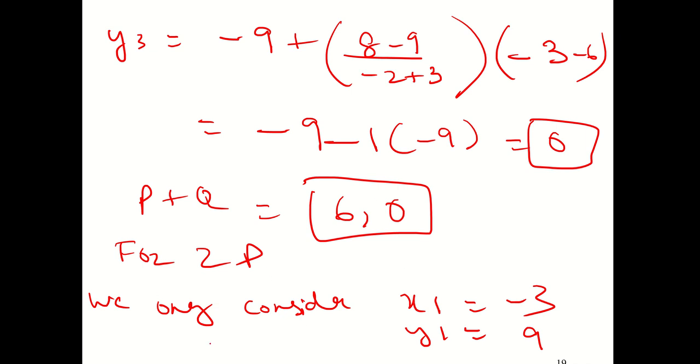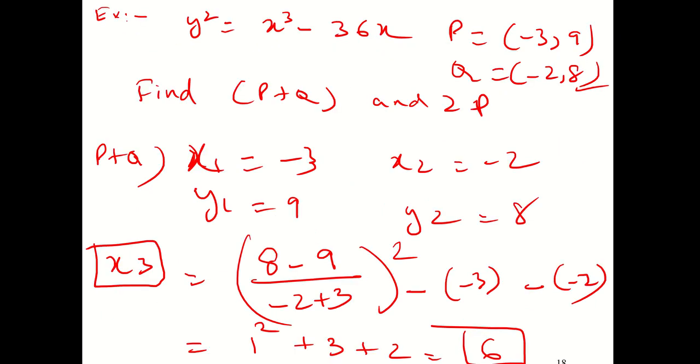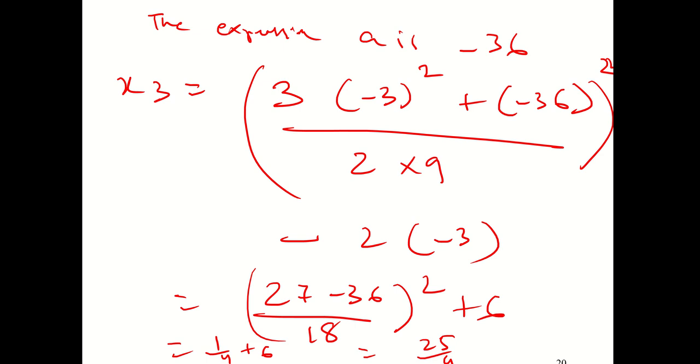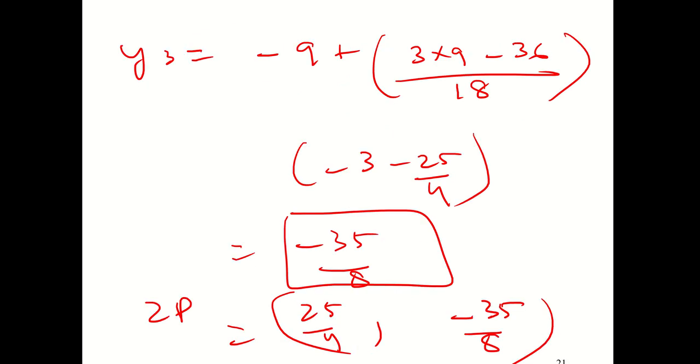For 2P we only consider x1 and y1; the rest we cancel out. x1 is minus 3 and y1 is 9. We put it all in place, and a is minus 36. So we got 25 by 4 and minus 35 by 8, which in return gives 2P equal to (25 by 4, minus 35 by 8). This is how we got the whole thing.